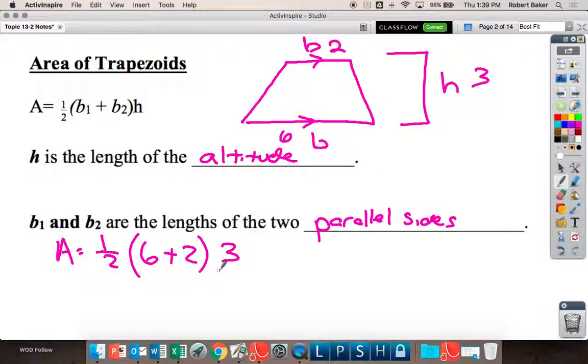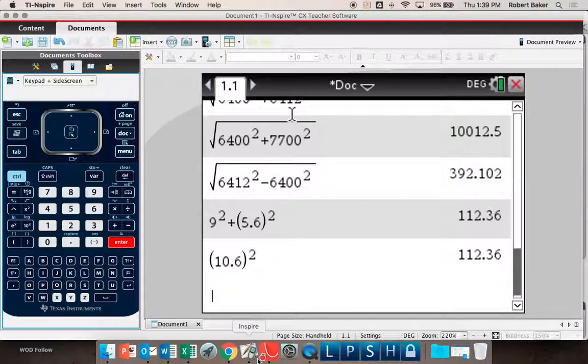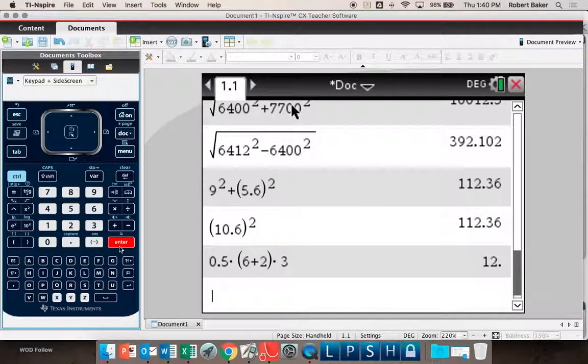On the calculator I'm going to type it in kind of weird because it's just faster: 1/2, then parentheses base 1 plus base 2, close parentheses, times the height. Oh, sorry, that should be a 2. Boom! 12. The area of that shape is 12.